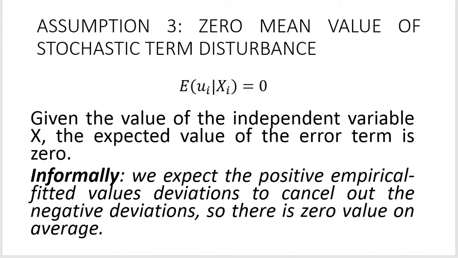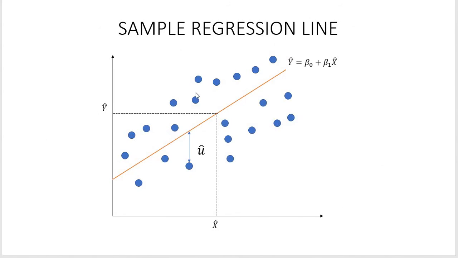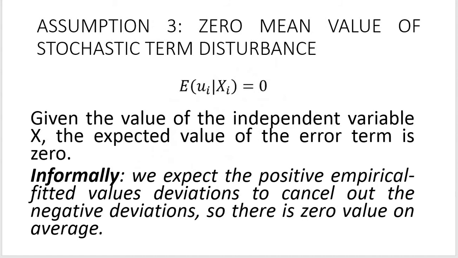Informally, you remember we have a positive error term, negative error term, positive error term, negative error term, and so on and so forth. So basically it means that on average they have to cancel out each other, and the average value of the error term should be equal to 0.